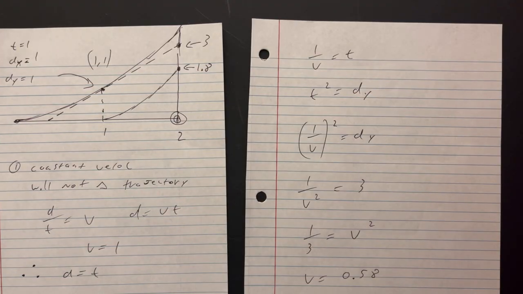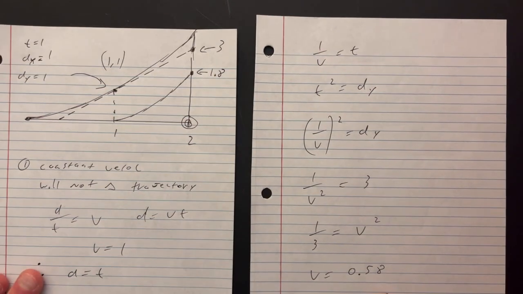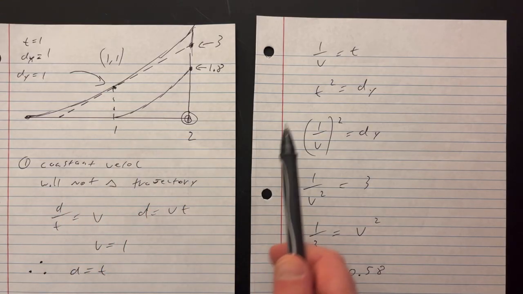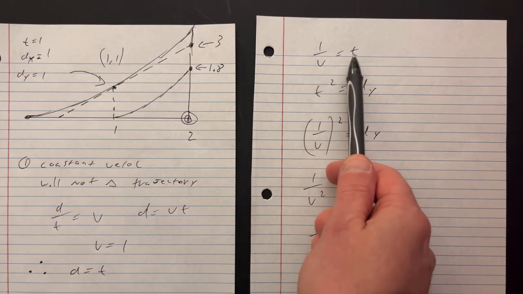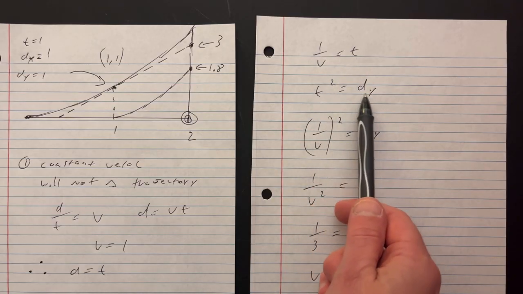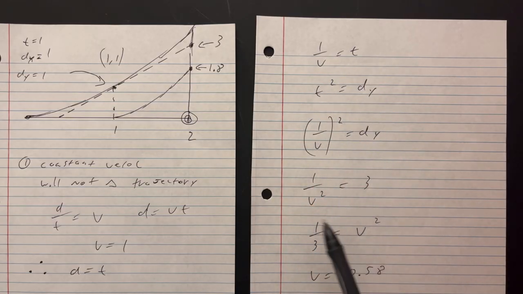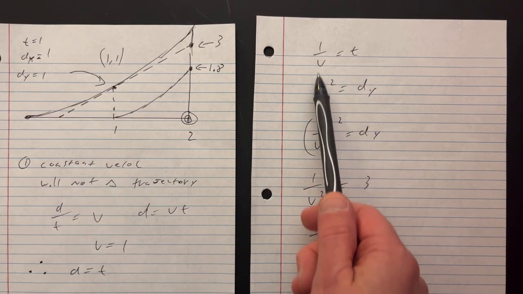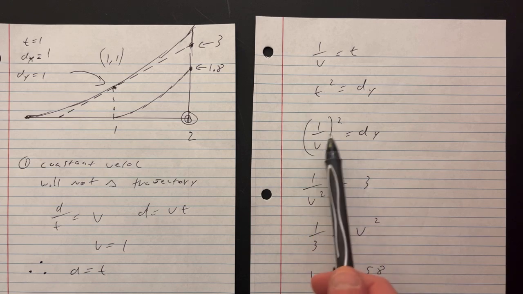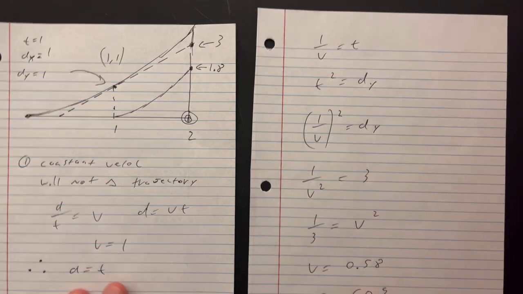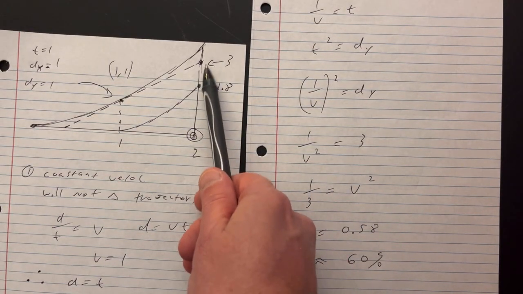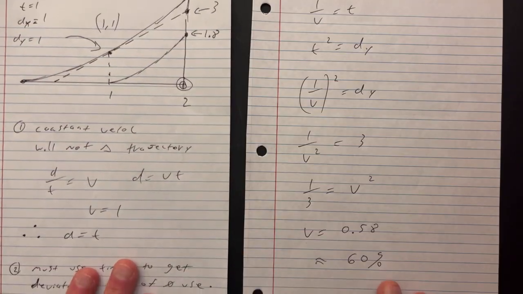Now we can find out when the bullet deviation from a crosswind downrange will equal the bullet deviation from a crosswind uprange. Let's take 1 over velocity equals time, then time squared equals distance or deviation in the y direction. Since 1 over v equals t and t squared equals distance, I can just plug 1 over v into t and then square it, and I get distance in the y direction or deviation in the y direction. 1 over v squared equals 3, because 3 is our deviation from the uprange crosswind.